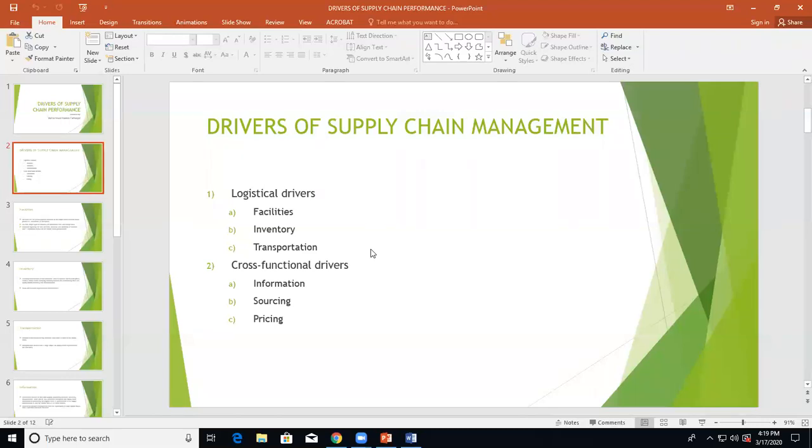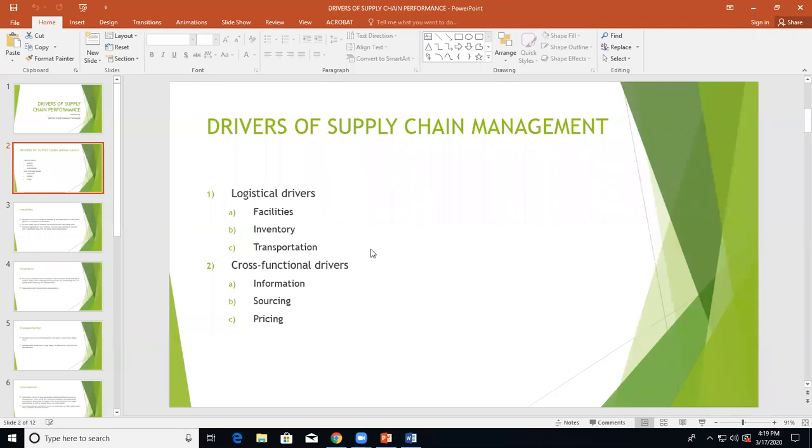Information is one of the cross-functional drivers. Since I told you, information will be communicating with the facilities as well, with inventory, transportation, sourcing, pricing. So it will be communicating with all. When we say cross-functional driver, it means it will not be restricted to one function or department of the supply chain management. It will be communicating with other functions as well.